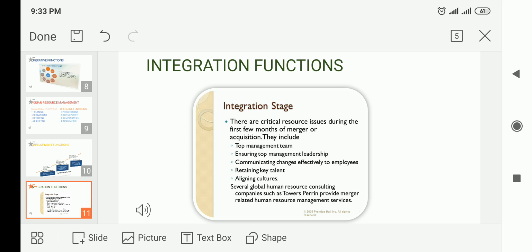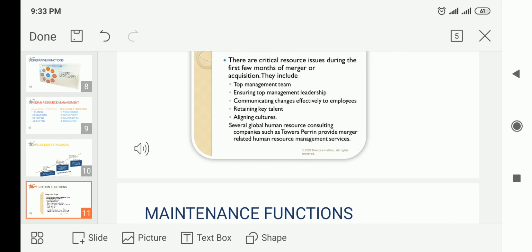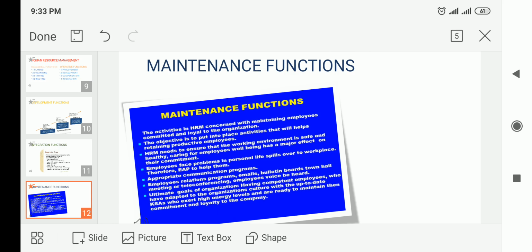Describe the integration function. Question number 11. Explain the maintenance function of HRM.